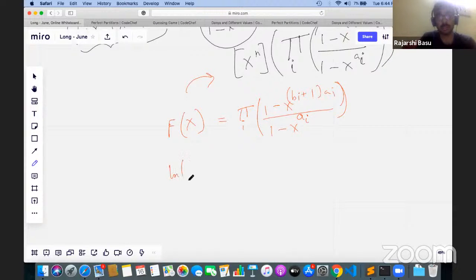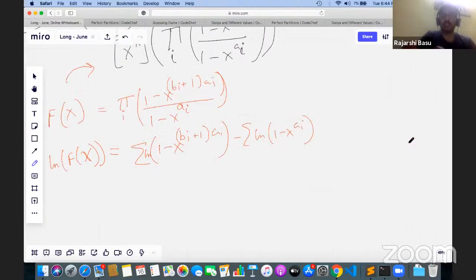So ln f of x is equal to, this product becomes a summation. So you just have ln of 1 minus x to the power (b_i plus 1) a_i, minus summation ln of 1 minus x to the power a_i.